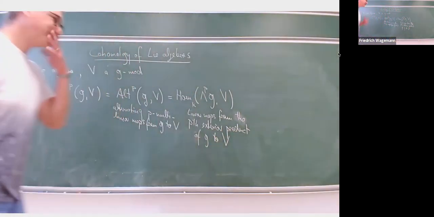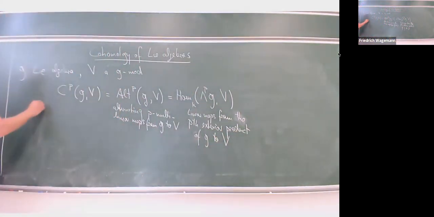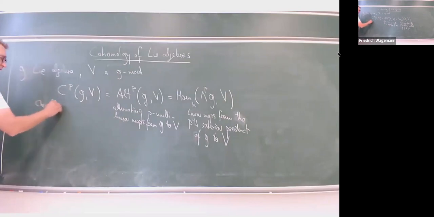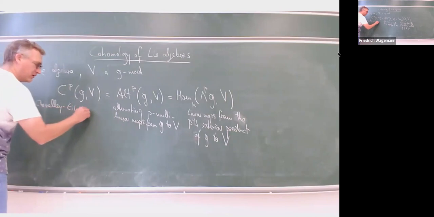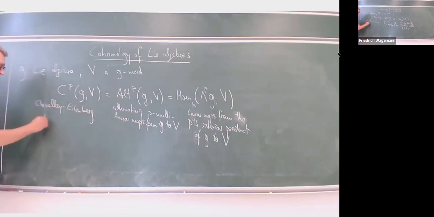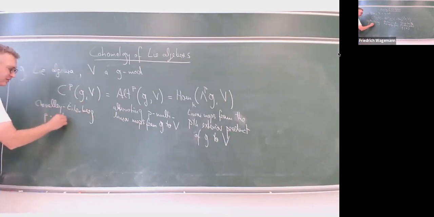So these are the Chevalley-Eilenberg P cochains.